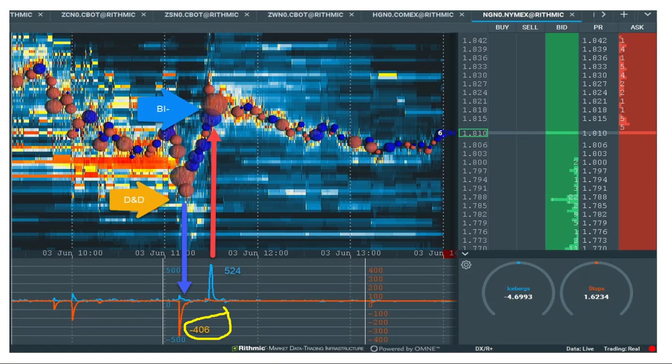Especially you take the stuff that you look at and what your bias is for the day, and then in this instance, this is long, and hopefully you have a long bias, and this is your signal to get in this trade. So you had the sell stop of 406 contracts, and then here's the blue bubble.